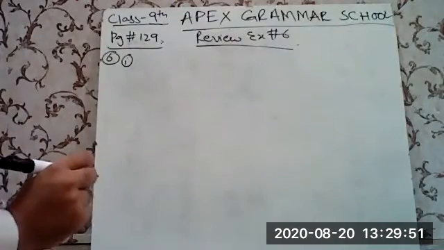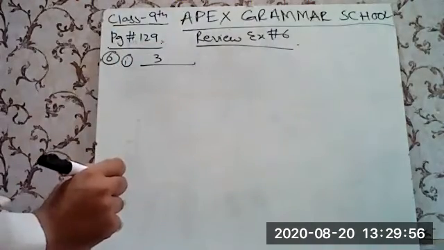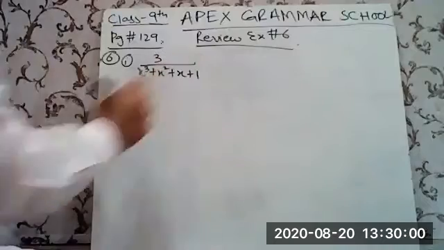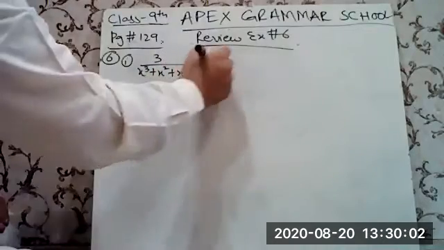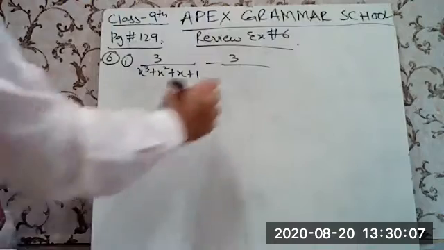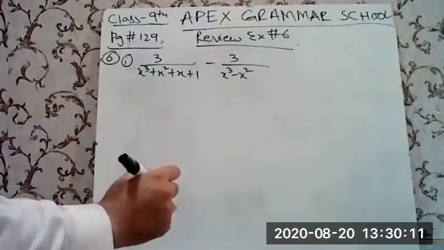First is 3 over x cube plus x square plus x plus 1. And after that, minus 3 divided by x cube minus x square plus x minus 1.